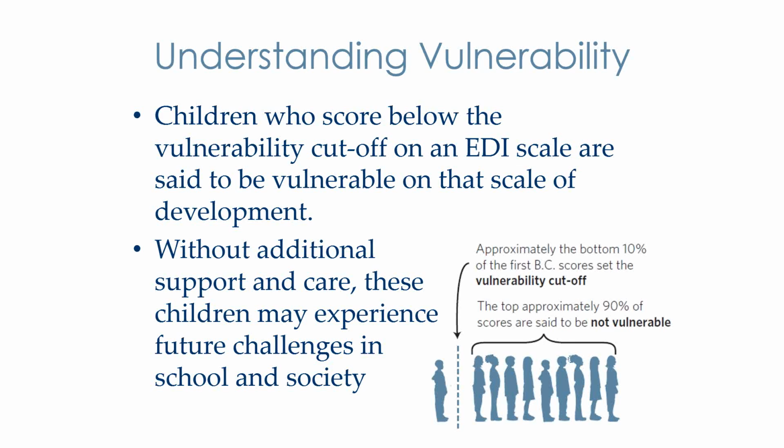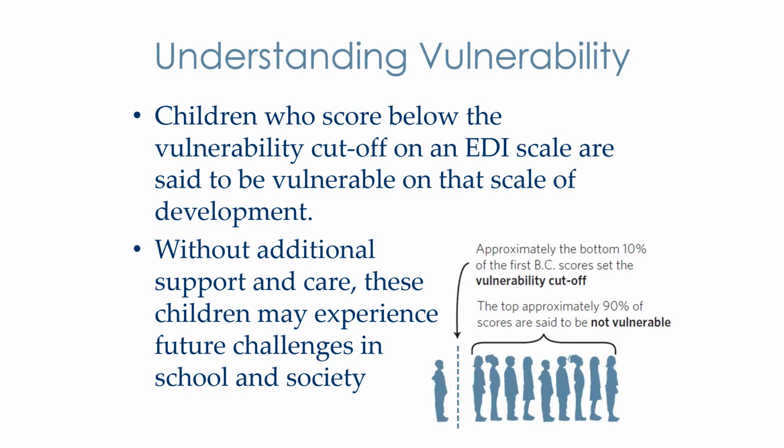We also know that without additional support and care, these children may experience future challenges in school and society. So we determine vulnerability based on children's scores, and as you can see from that little diagram at the bottom there, the children who fall below the bottom 10% of all scores in BC are below the vulnerability cutoff.